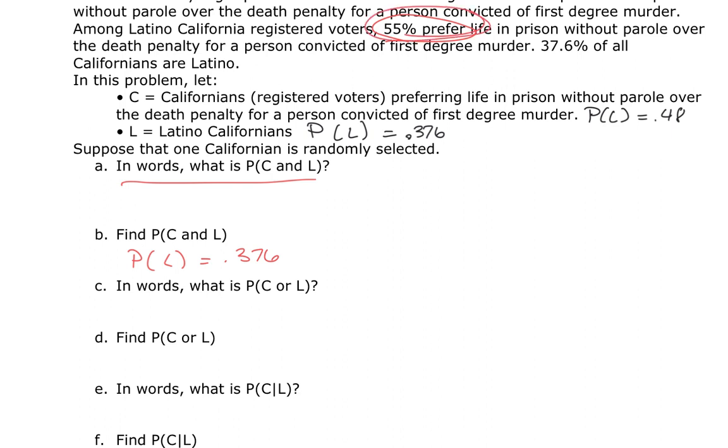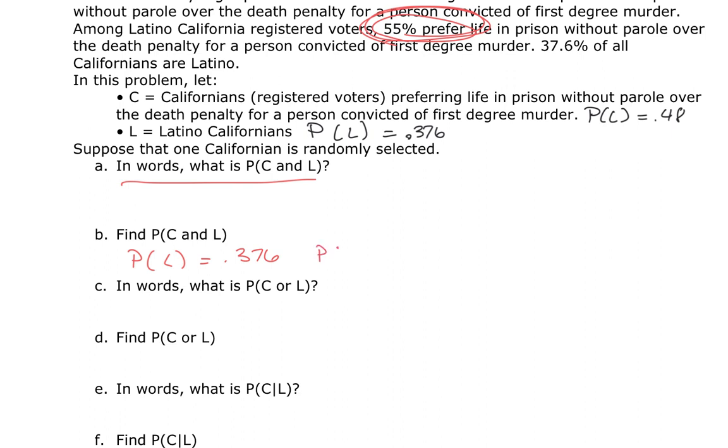And now we're going to use the probability that they also believe, so not only are they a Latino Californian, but they're also a registered Latino Californian who prefers life in prison without parole versus the death penalty.